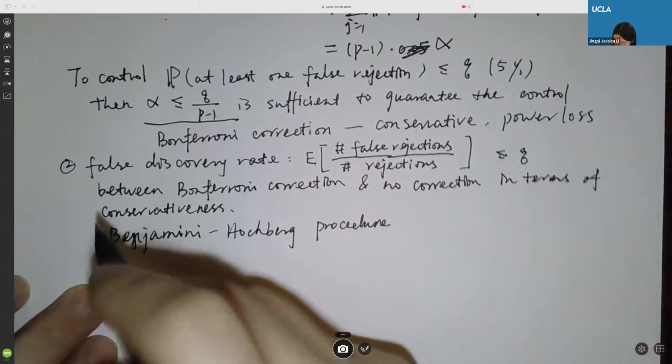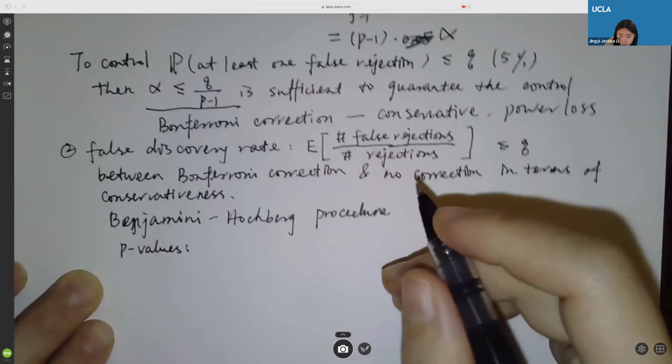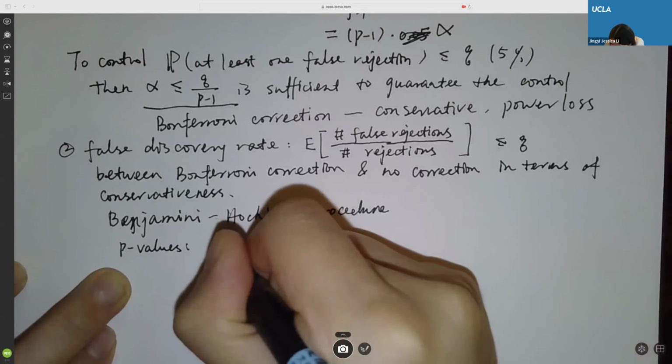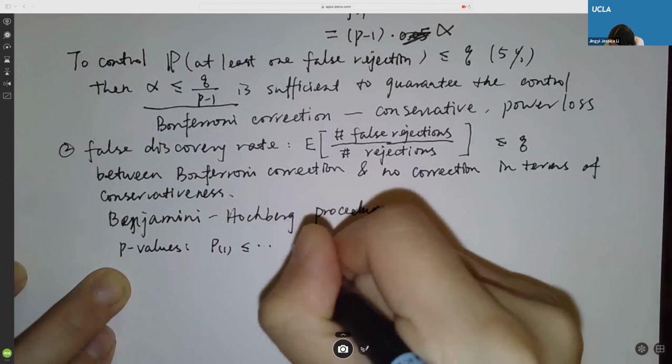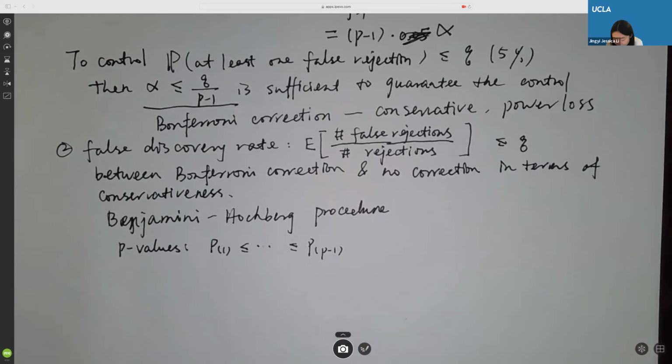So here we will need p-values ordered from the smallest to largest, P1 less or equal than up to P minus 1, because we have P minus 1 tests.